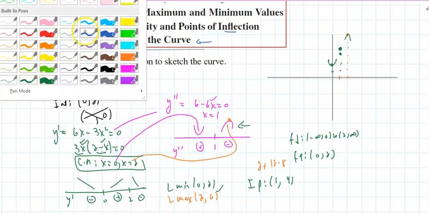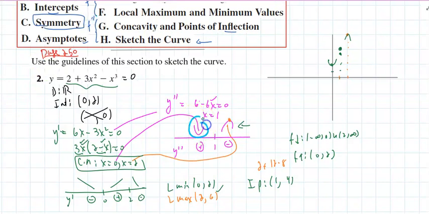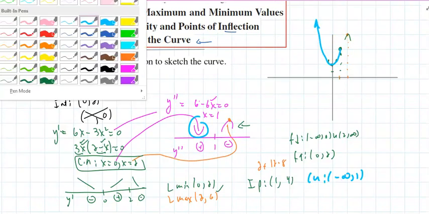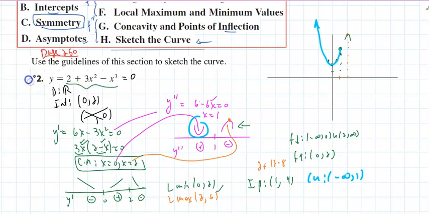If I want to map concave up, from negative infinity to 1, that's concave up. And if I want to map concave down, from 1 to infinity, that will be concave down. And that's satisfying all the cases.